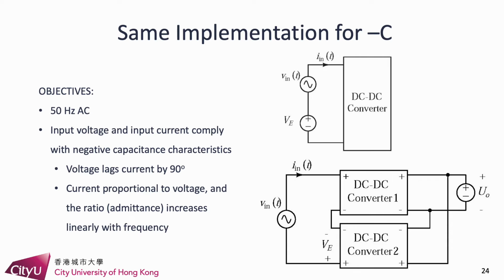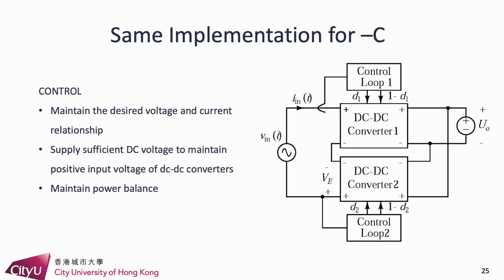We can also apply the same implementation for negative capacitance using the 2 DC-DC converter configuration. And here we basically follow the same design using 2 DC-DC converters, and we try to force the compliance of the voltage and current relationship. The control circuit is very similar to the implementation of the negative inductance.